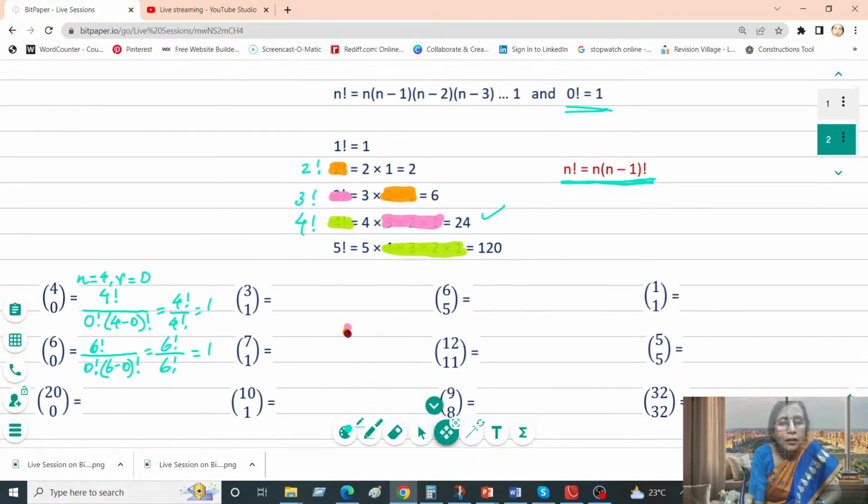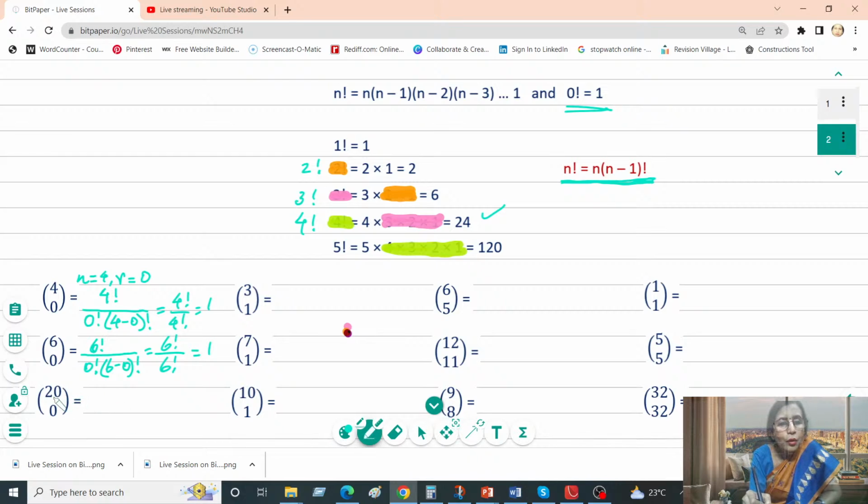Coming to the next one. 20C0. N equal to 20. So 20 factorial in the numerator. Denominator r factorial, that is 0 factorial, and 20 minus 0 factorial.